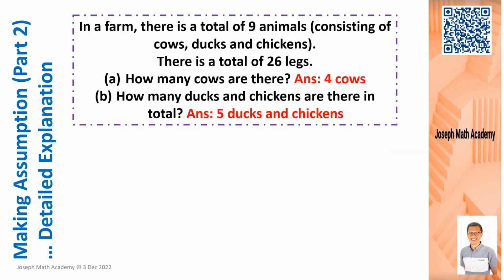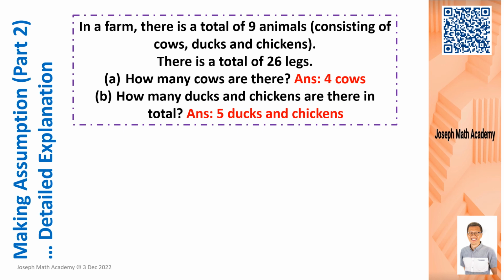I'm going to use this simplified version using smaller values to illustrate clearly for you to understand. Similar to my making assumption part 1 video, I'm going to use a diagram. I'm going to draw circles to represent the animals. For the cows, I'm going to draw 4.